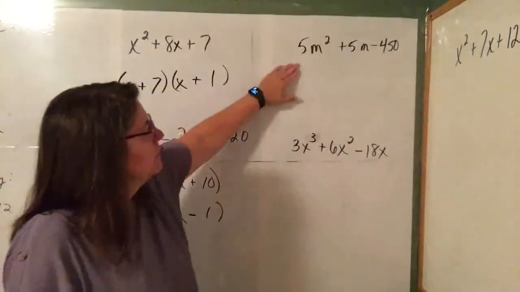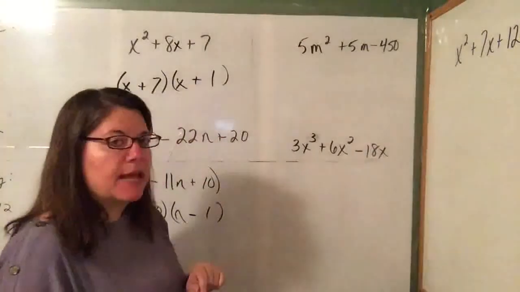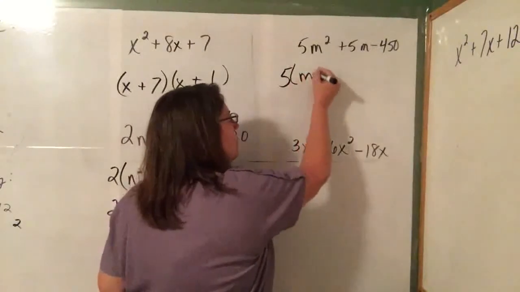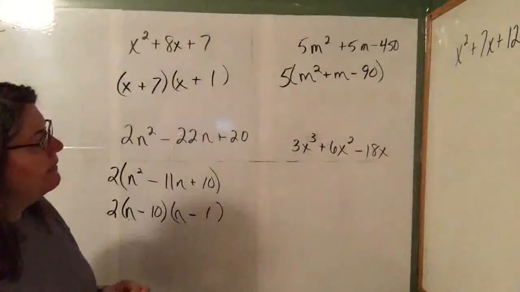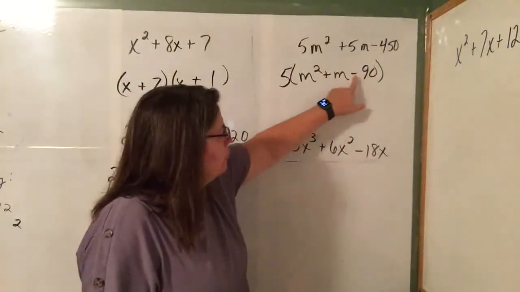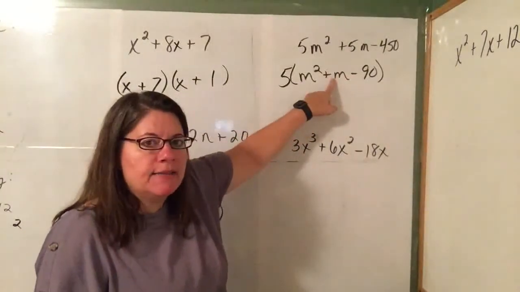In this one, do they have anything in common? Well, it looks like a 5 comes out of all of those. So I'm going to take the 5 out first. And then I'm looking for factors of 90 that subtract to give me 1.